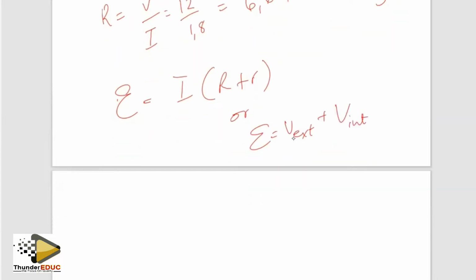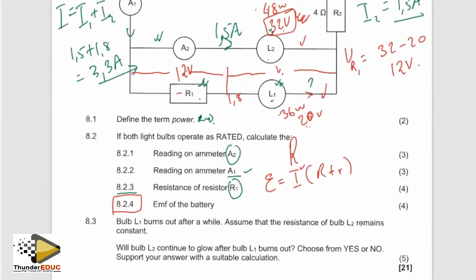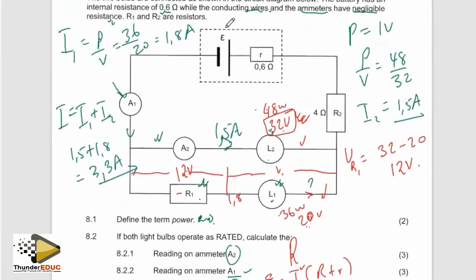For the V internal, I'll get my current multiplied by the internal resistance. For the V external, I still have to calculate the voltage. If I get the voltage across the 4 ohm and add it to the 32, is it going to give me the same answer?